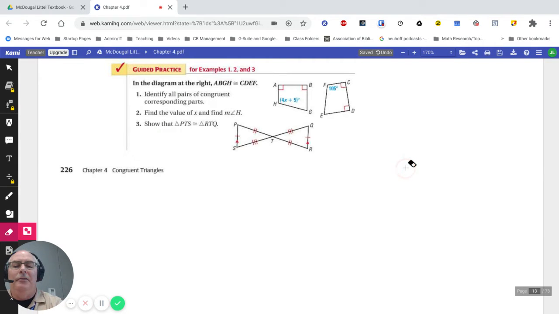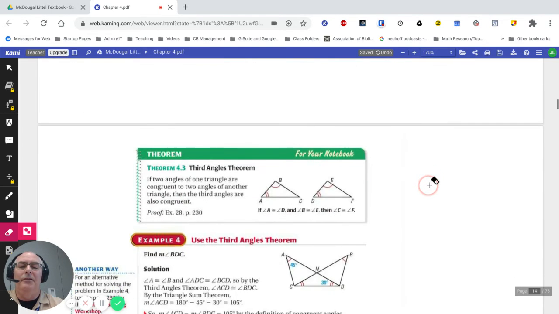What I would have to do is rotate this triangle like that in order to get this side to line up over here and this side to line up over here. You have to kind of visually manipulate these images to know exactly which sides line up, but most importantly, you're able to use the sequence of the vertices to help you understand which sides are congruent to each other.